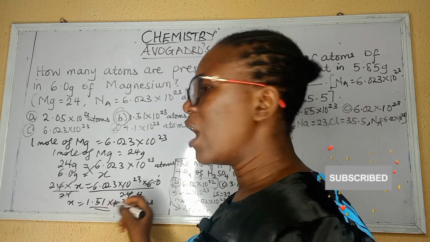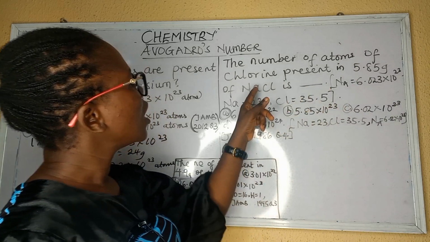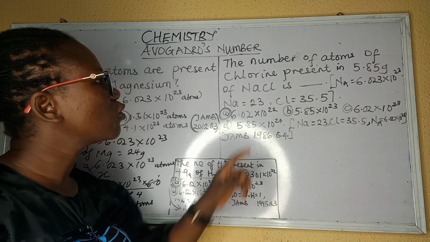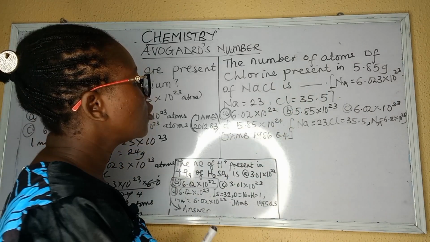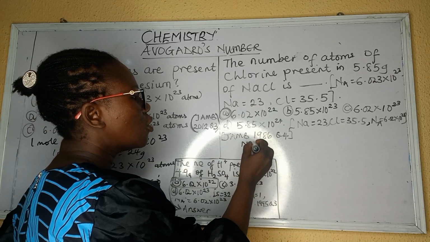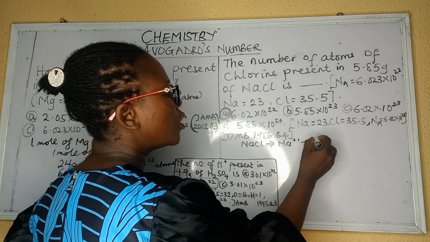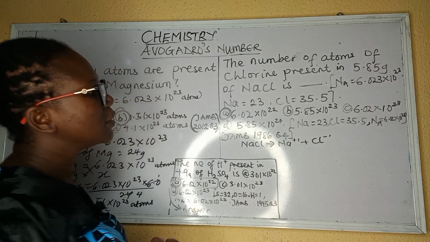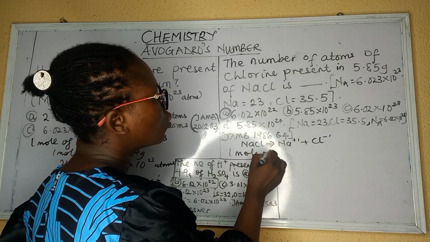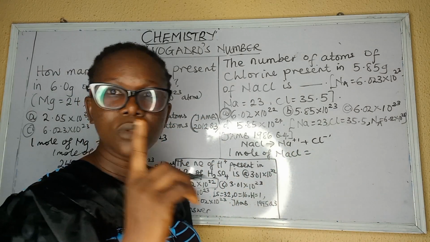So having done that, we have another form of question here, and that is: the number of atoms of chlorine present in 5.85 grams of sodium chloride is what? Now, considering the question, it is similar to this, but the compound given here is sodium chloride, and sodium chloride contains 1 atom of chlorine. So we can say here that 1 mole of sodium chloride contains 1 Avogadro's number.